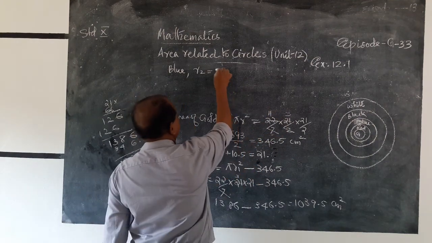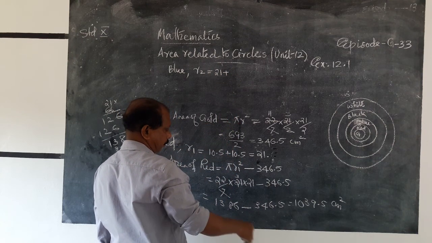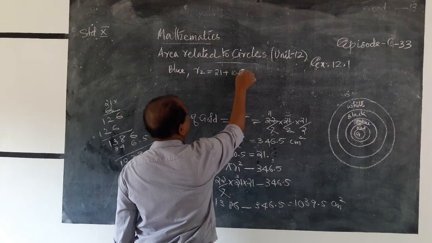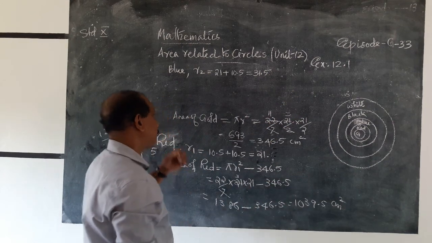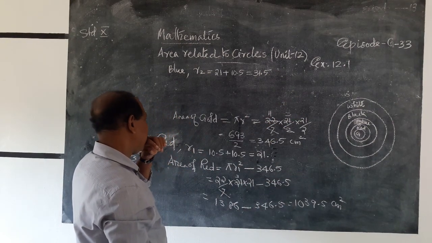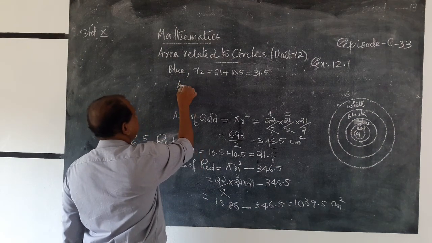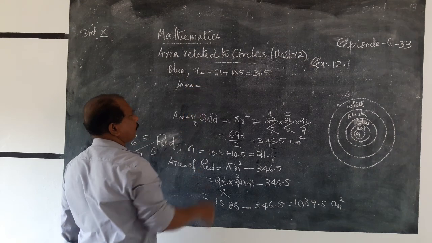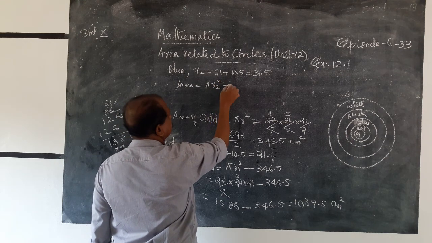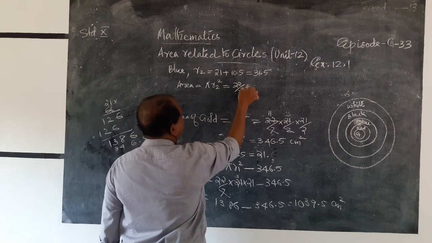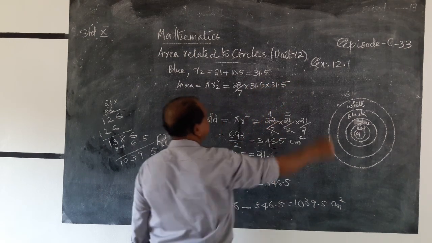Therefore, it is 21 plus 10.5, which is equal to 31.5. Therefore, area is equal to pi r2 square, which is 22 by 7 into 31.5 into 31.5.